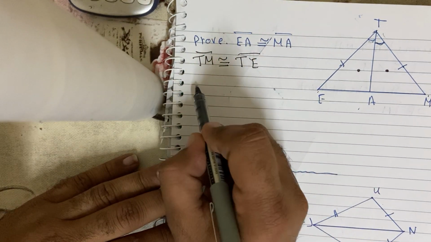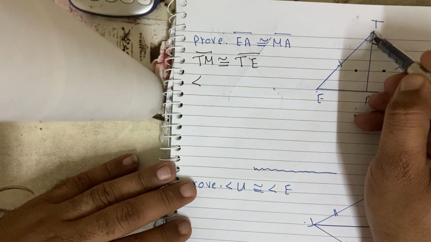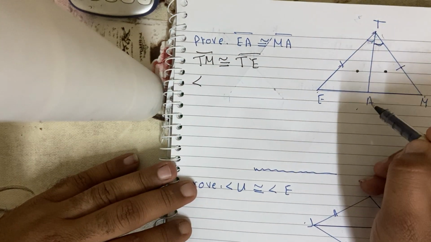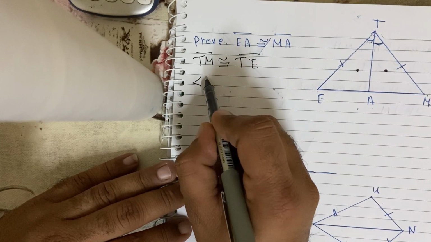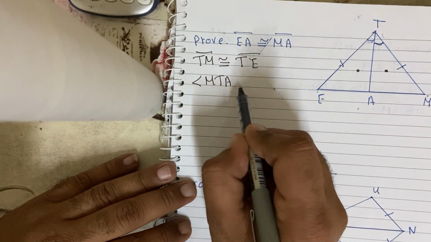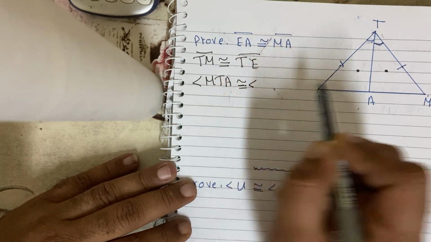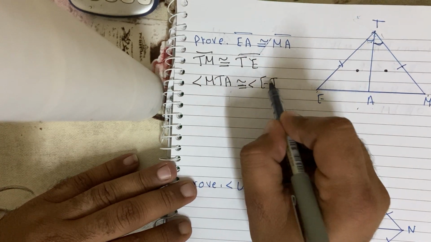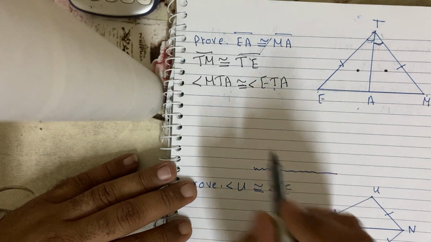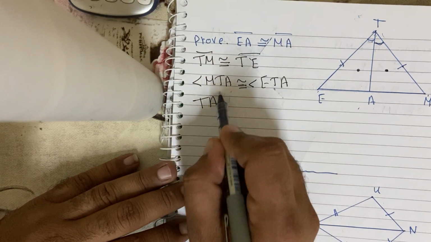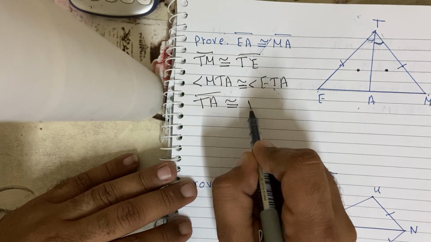Number two, angle MTA is congruent to angle ETA. The third condition is TA congruent to TA again.